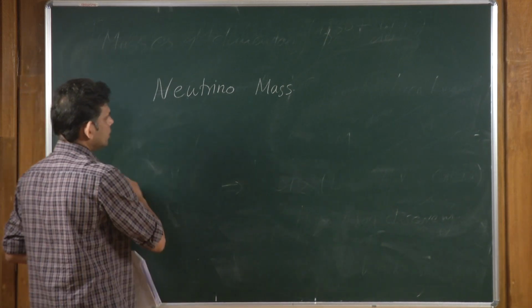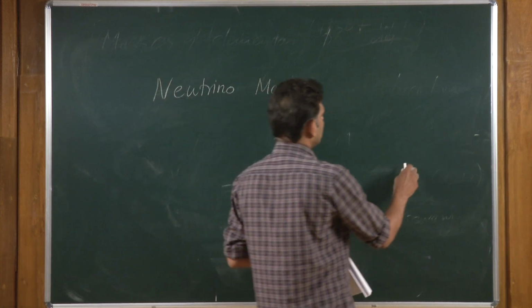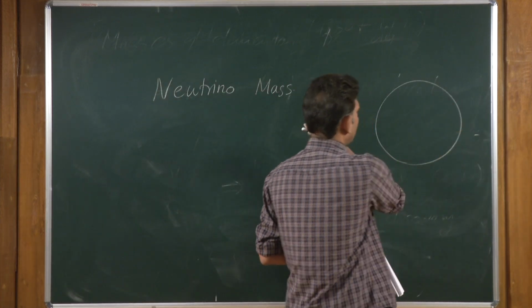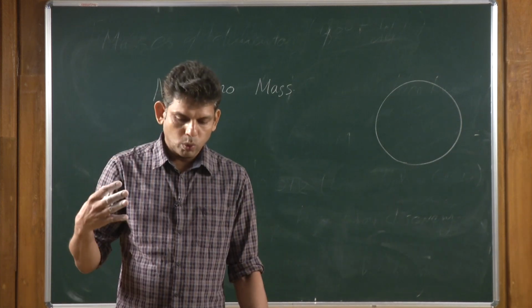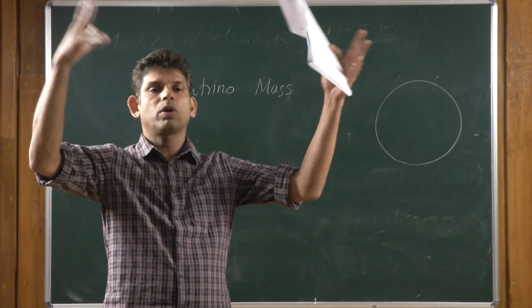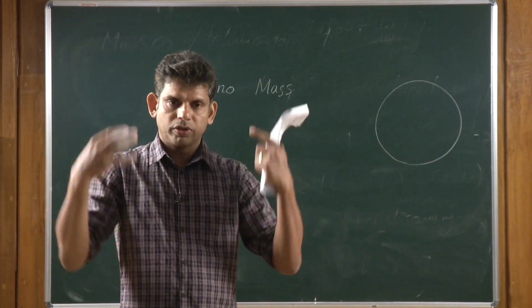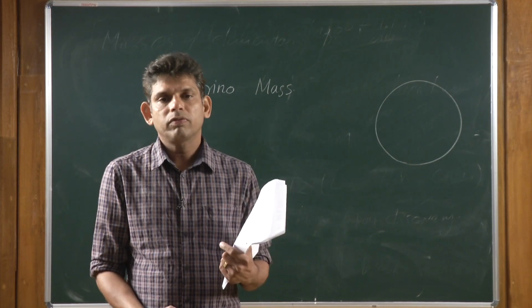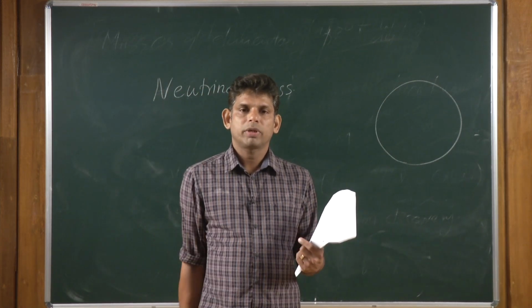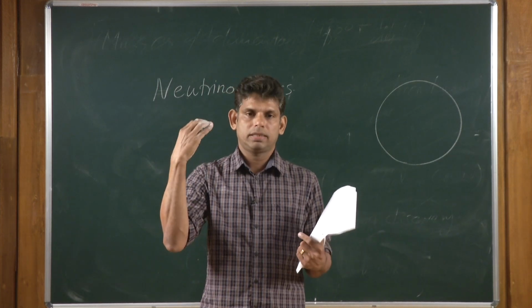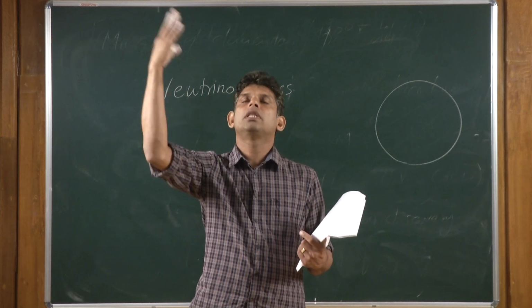The other thing is we can ask the question: what are the constituents of the universe? Usually what we do is look outside, look at the universe, and get information. And how do we get information? We look at the stars and receive the information in the form of light. That is how we see the stars.